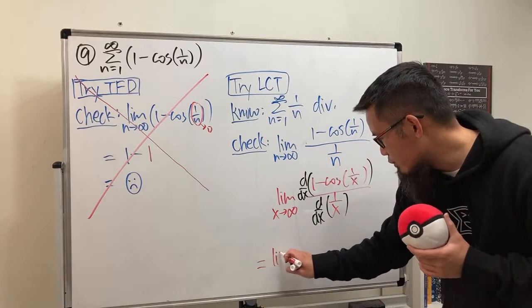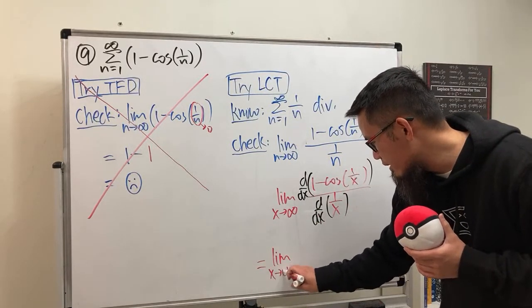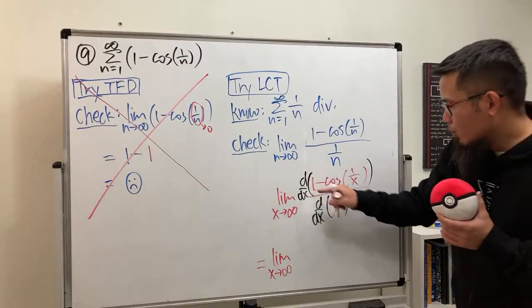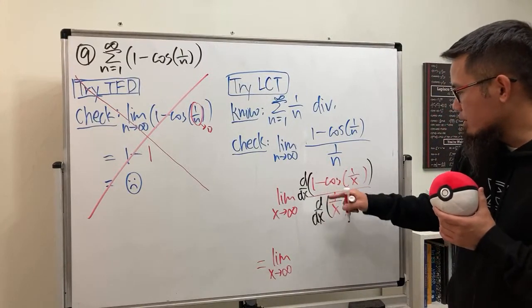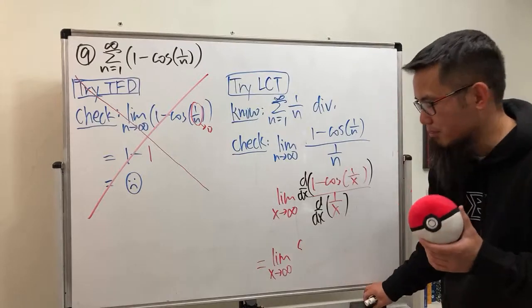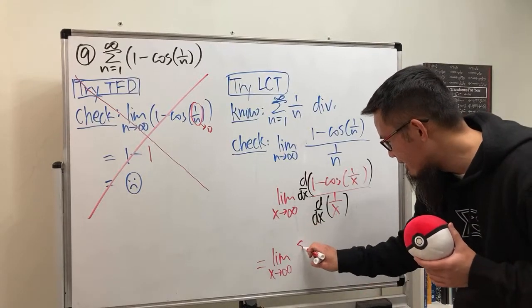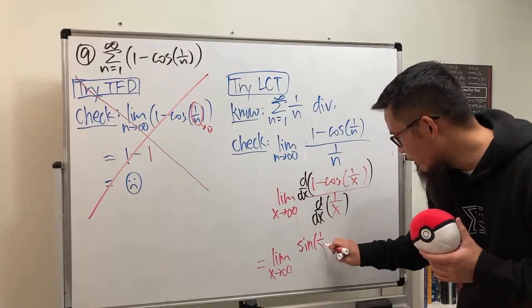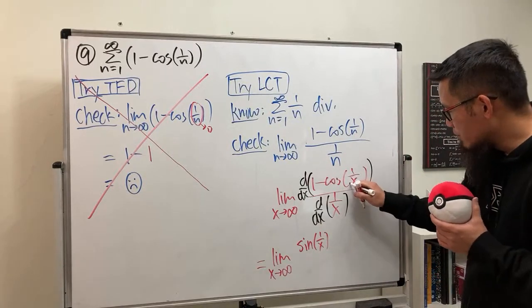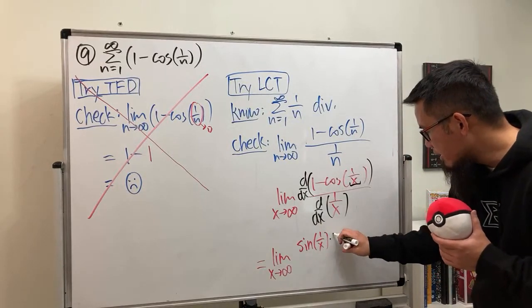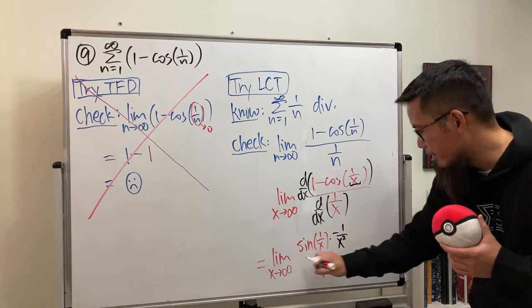Differentiating, but still write down the limit as x goes to infinity. 1 goes away, the derivative of negative cosine is positive cosine. No, just kidding, positive sine. And then 1 over x, but don't forget the chain rule, multiplied by the derivative inside, namely negative 1 over x squared.